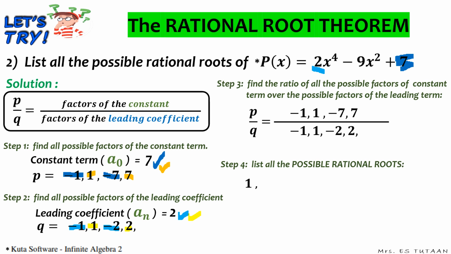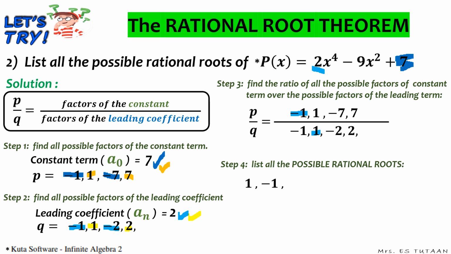So, yan ay una 1. Saan galing yung 1? Una, syempre, itong una muna, negative 1 divided by negative 1 is 1. Then, ang susunod natin ay negative 1 divided by positive 1. Ang sagot dyan ay negative 1.